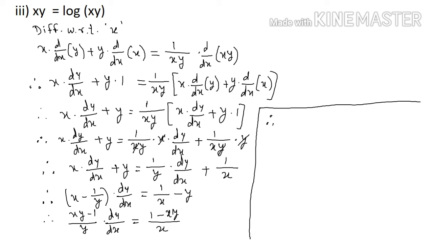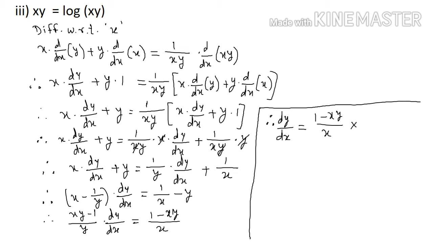Therefore, dy by dx is equal to 1 minus xy upon x into, now you have to take the reciprocal of xy minus 1 upon y on LHS.